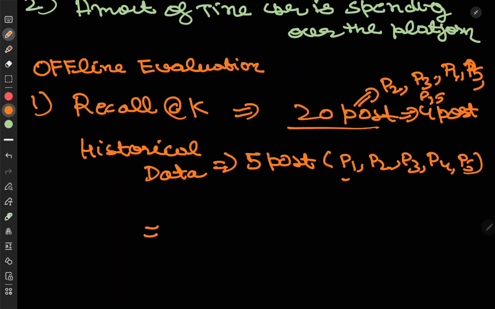So here the recall score would come by 4 by 5. So if the recall score is high, it means that we were able to show the posts which were relevant to the user.